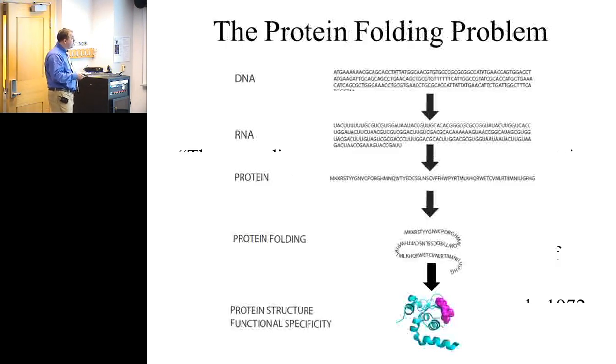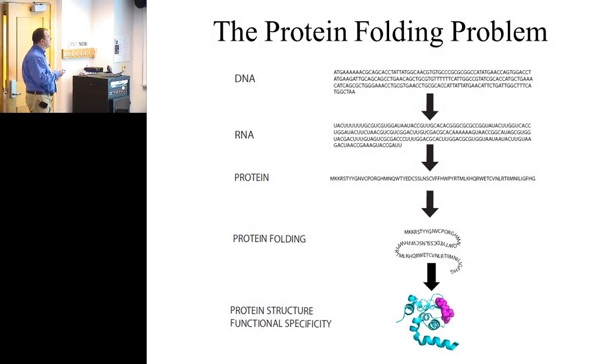So the protein folding problem is very complex. We have a simple DNA sequence here, and this is converted into RNA. The RNA is then converted into an amino acid sequence by the ribosome, and then the sequence is going to undergo a folding process that gives you incredible functionality based on this very unique architecture coupled with sequence specificity.